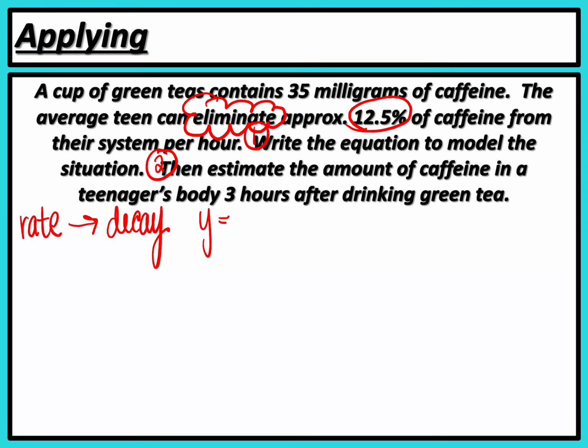So I'm going to use the formula that has 1 minus in it. Okay, and I'm going to take my percentage and I'm going to convert it into a decimal.